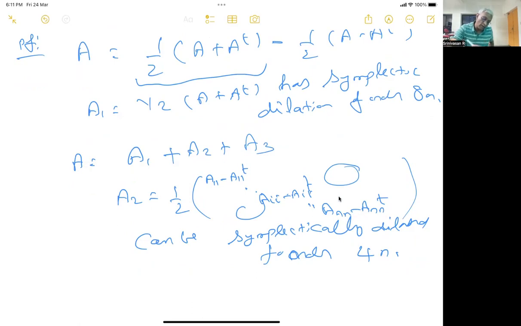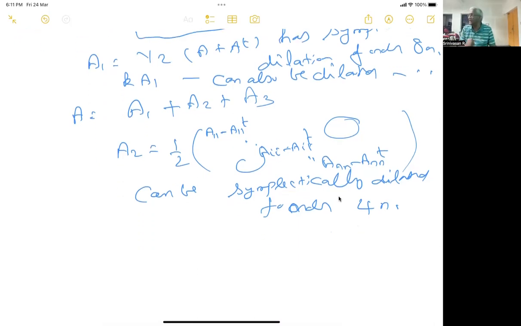I mean, A1 can be dilated, and any k times A1 can also be dilated. It is just the same. Any symmetric matrix can be dilated, so multiplied by a number, it can be dilated. Similarly, for A2, each entry will be dilated. Okay. So similarly, A3, we want to consider.